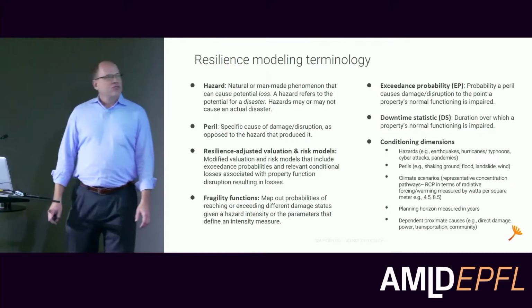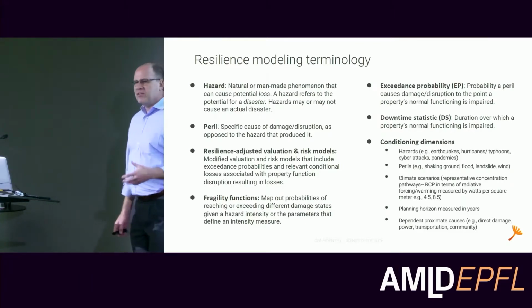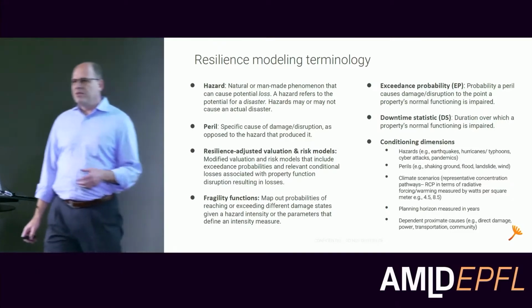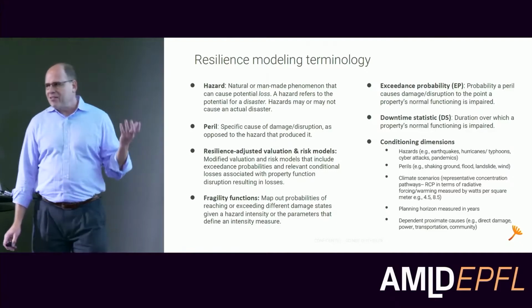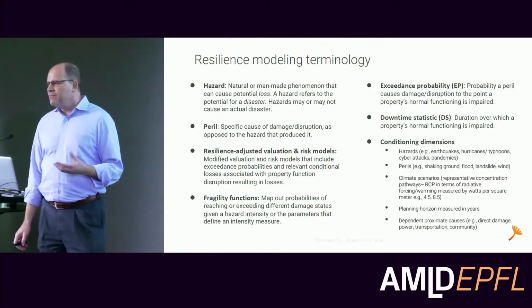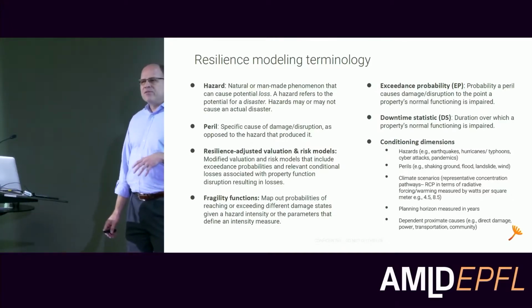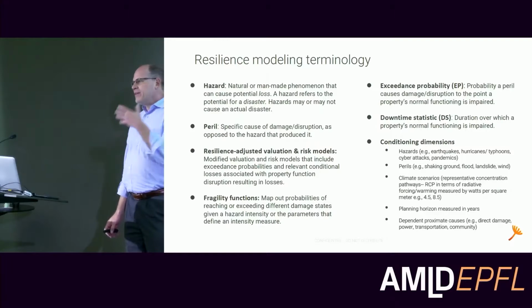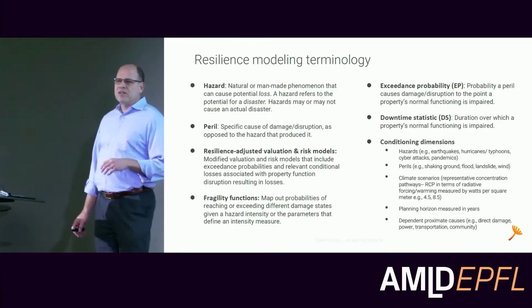So just a few terms, because I'll probably slip into these, and if you're not in the insurance or risk domain, it might be new. We typically distinguish a hazard from a peril. So a hazard would be something like a hurricane or an earthquake, and that essentially drives the intensity of the statistical processes or the data generation processes that we're trying to model.